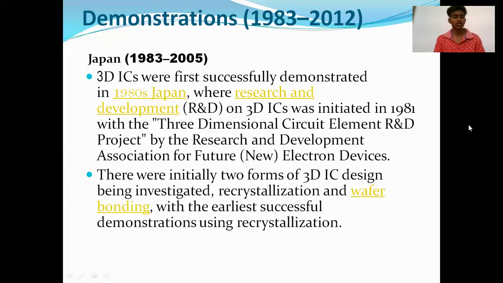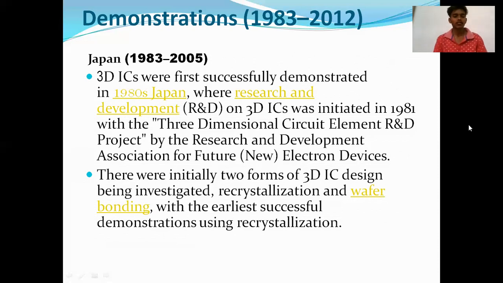Two forms of 3D IC design were initially being investigated: recrystallization and wafer bonding, with the earlier successful demonstration using recrystallization.